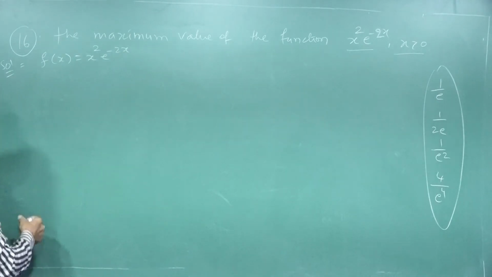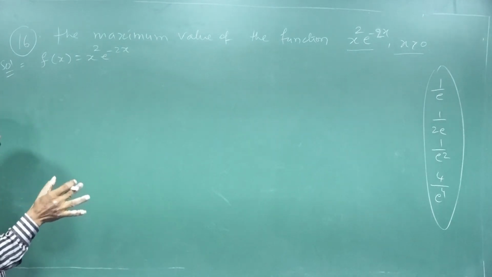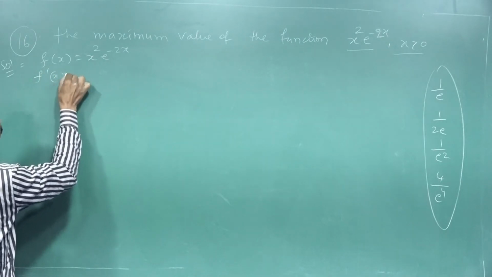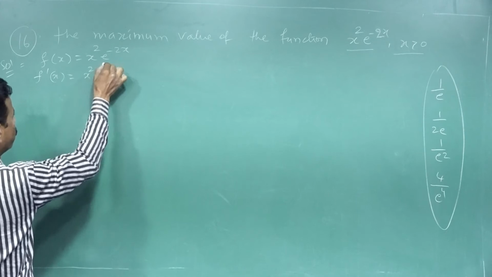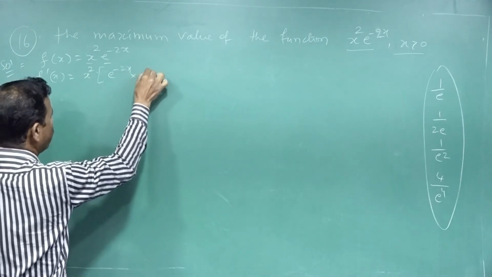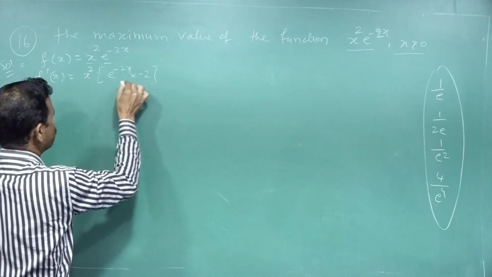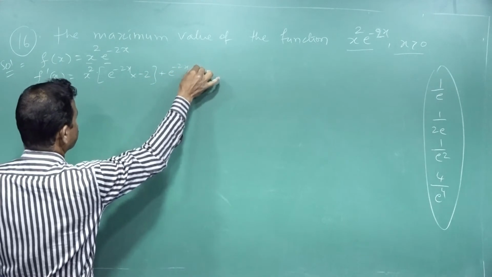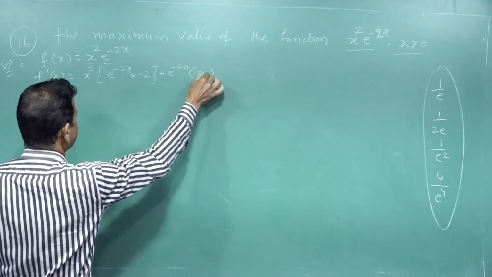For maxima and minima, first derivative and second derivative are compulsory. So f dash x is equal to x square into, by the uv method, e power of minus 2x into minus 2, this is u v dash, plus again e power of minus 2x into x square derivative 2x.